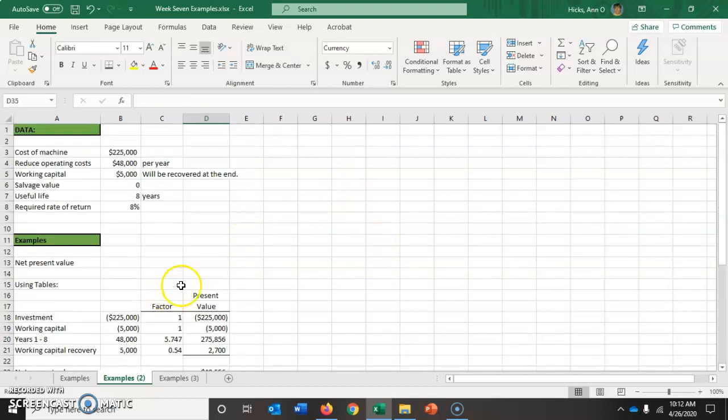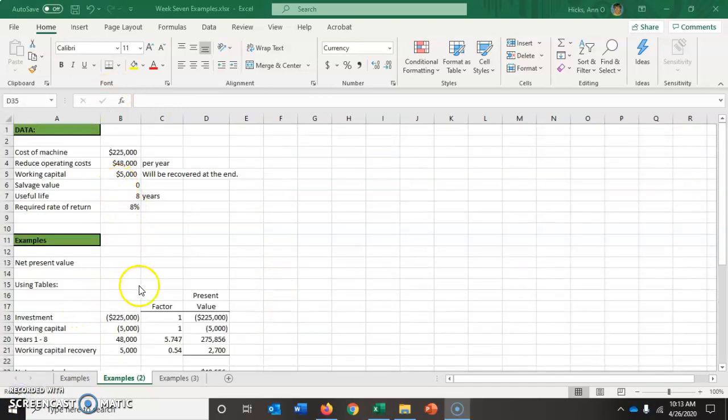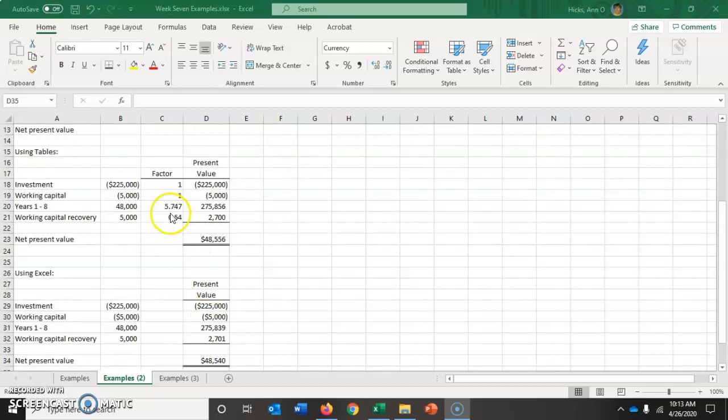This is also similar to how you would treat a salvage value. If we had a salvage value, you wouldn't have the outlay like the working capital at the beginning, but then you would present value that salvage value at the end of the life, and it would be one lump sum.